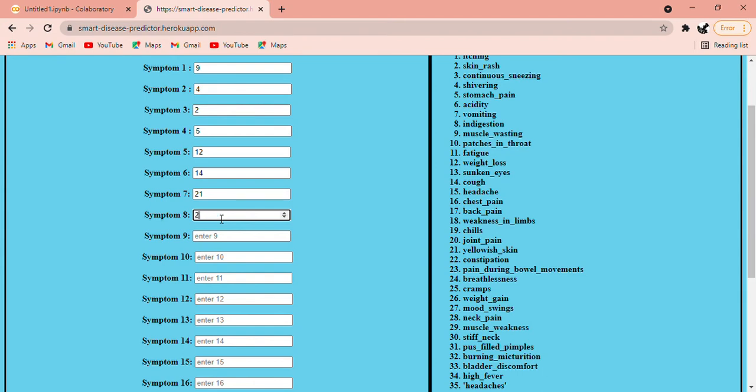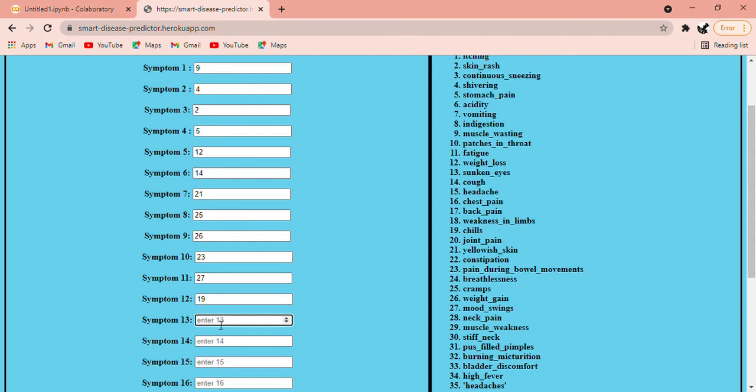Use 25, which is cramps. Imagine having all these symptoms at once. It's something that, realistically speaking, we wouldn't expect to find on a patient. So let's see if our model is actually going to pick this up.